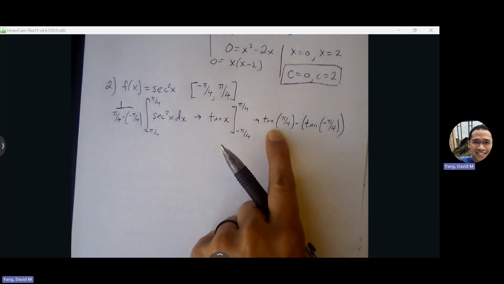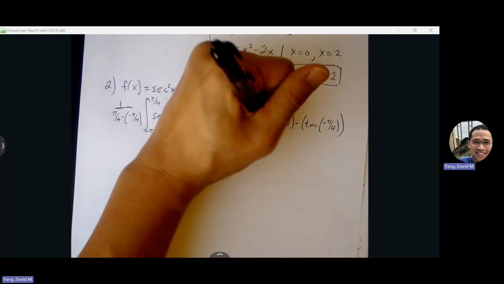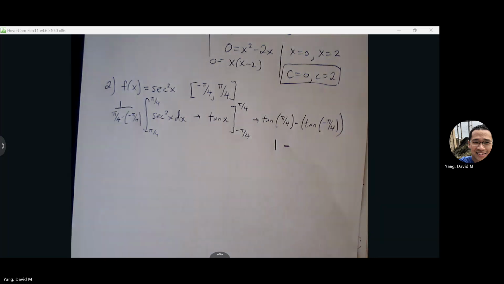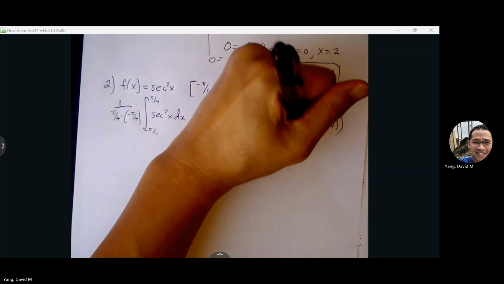Okay, so unit circle values: tangent of pi over 4 is 1. Tangent of negative pi over 4, think of that as 7 pi over 4, which is going to be negative 1.